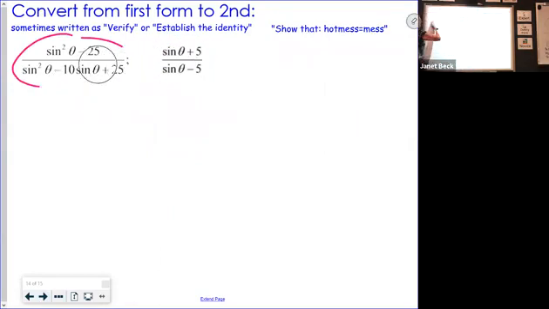This is leading you into the format of what we're going to do in unit 5.2 as opposed to 5.1. In 5.2, we're doing stuff called verifying. You'll be given a question like this where you're actually given the answer. You're told that this equals that, and it's all about your work. You have to clearly show the work that converts this till it ends up with that.